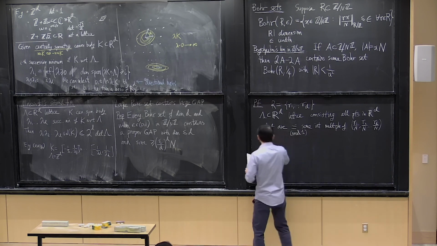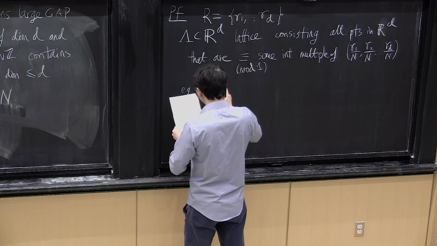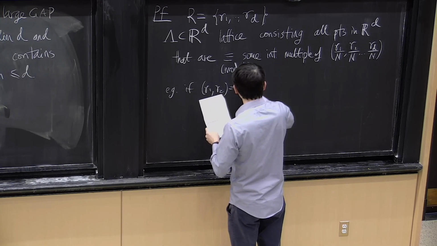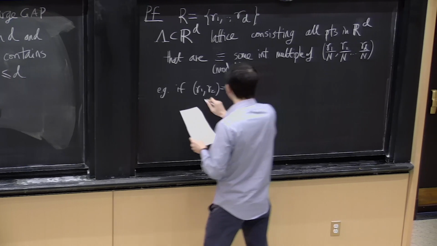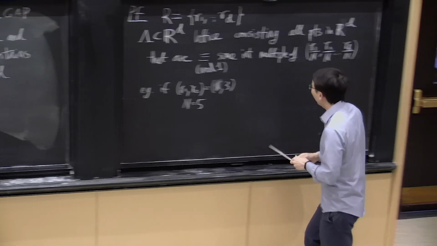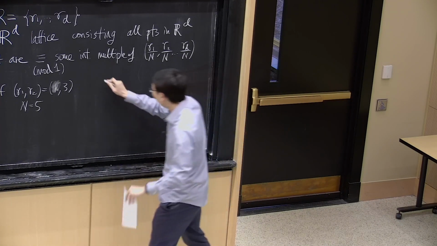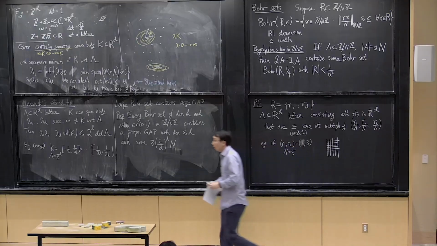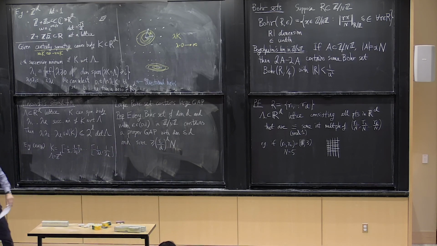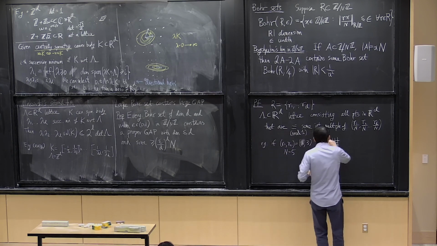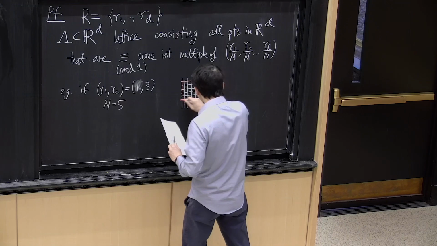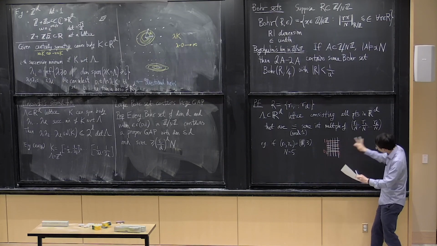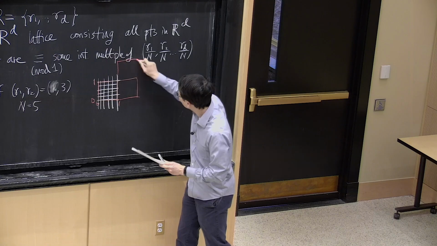So for example, in 2 dimensions, which is all I can draw on the board, if r_1 and r_2 are 1 and 3 and n equals 5, then basically what we're going to have is a refinement of the integer lattice where this box is going to be the integer lattice, and I'm going to tell you some additional lattice vectors in here, and it's going to repeat, or it's going to tile all over.